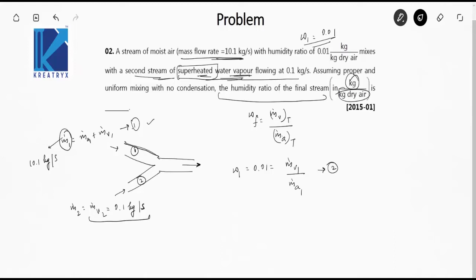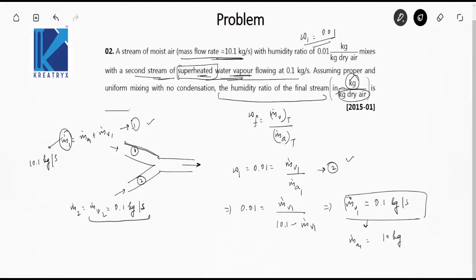So 0.01 equals m dot v1 upon 10.1 minus m dot v1. When you solve this, the mass flow rate of water vapor in stream 1 will be 0.1 kilogram per second. Put the value in equation 1, and you will get m dot a1 equal to 10 kilogram per second.